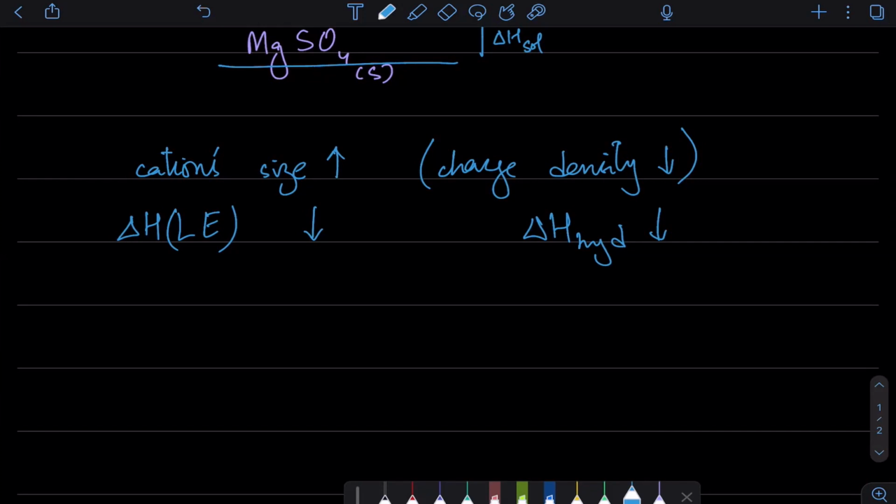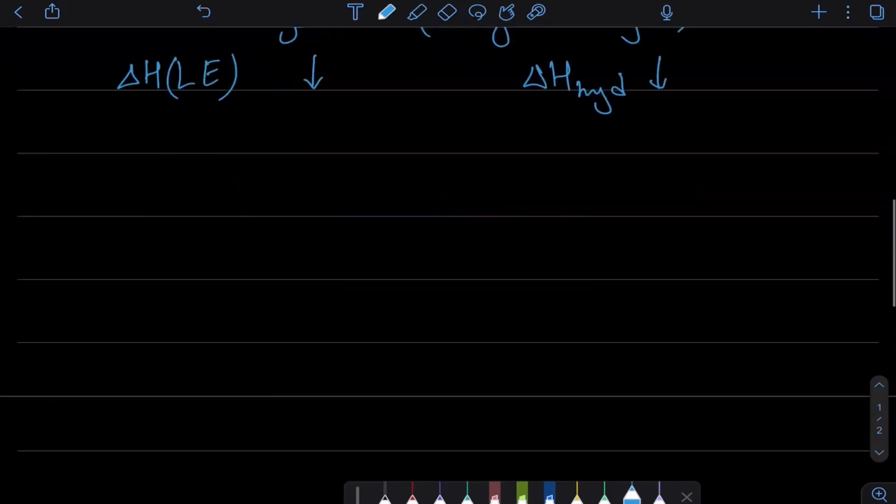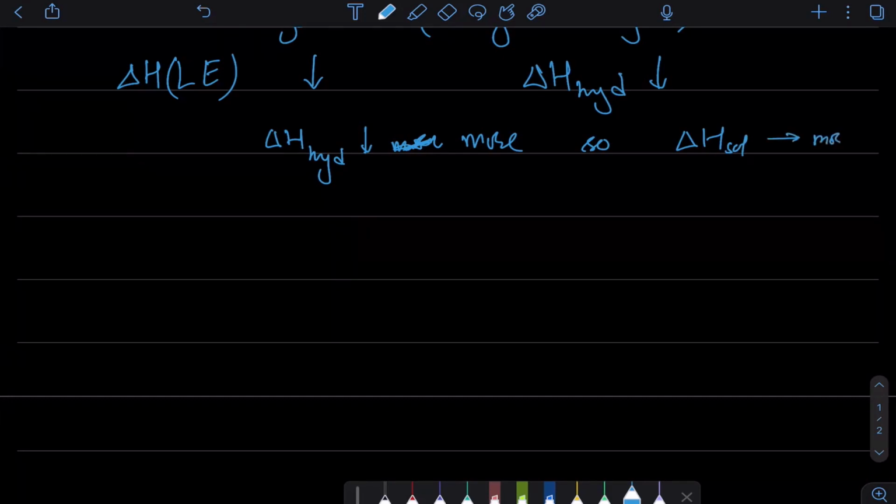So delta H hydration decreases more, delta H solution becomes more endothermic, so the solubility decreases. You need to supply more energy from the outside environment to make them more soluble.